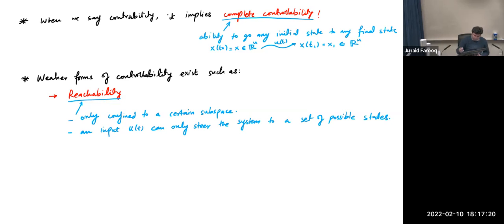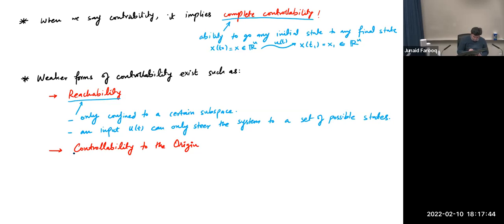There's also another weaker form of controllability that's called controllability to the origin. That means wherever the system is, you can always bring it back to the origin.